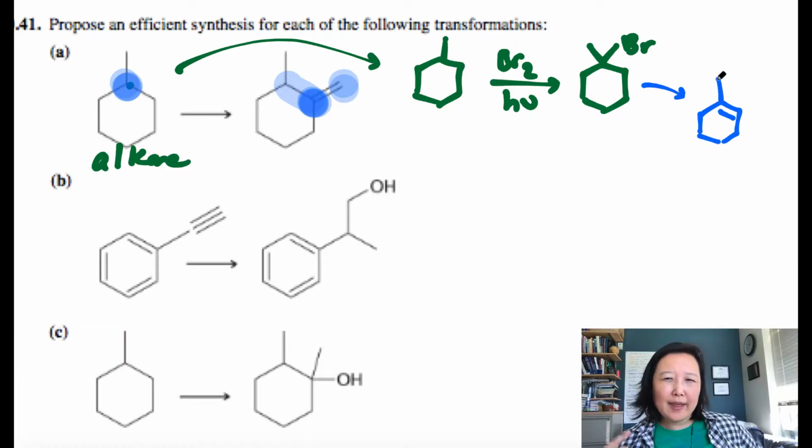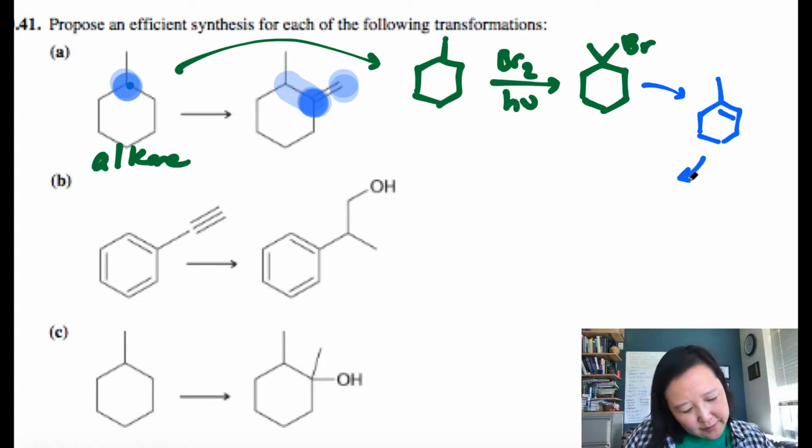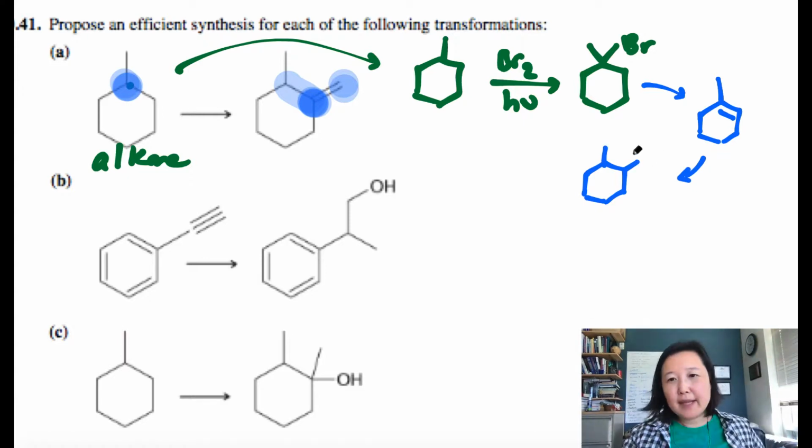I'm thinking not to worry about the reagents yet, maybe just think of a sequence of structures. Maybe I can put something here that eventually can turn into an alkene, but there are several ways to go with this. You could either make this into a halogen or you can make it into an OH.